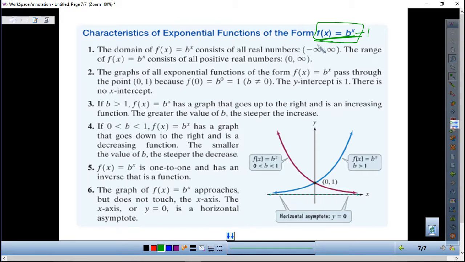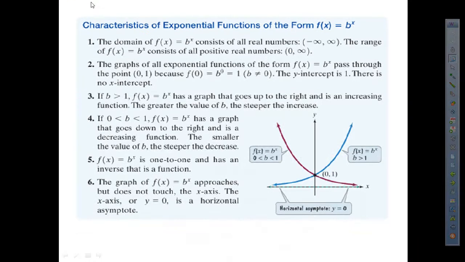So understand, these characteristics and properties only apply to the base graph. Don't magically think in your head, oh, every exponential function is always going to do these things, because it's not, especially not if you subtract or add or shift in any way.